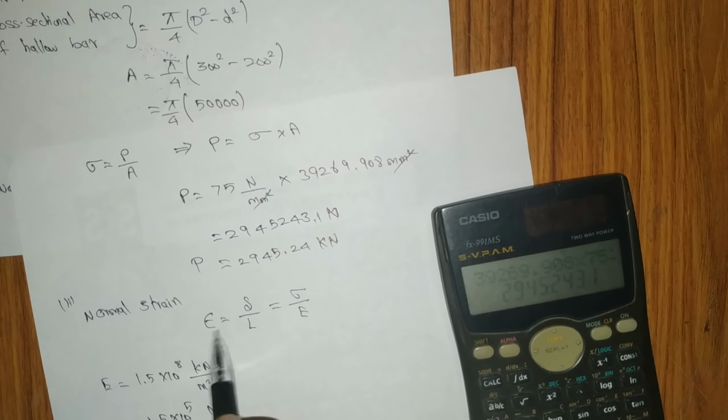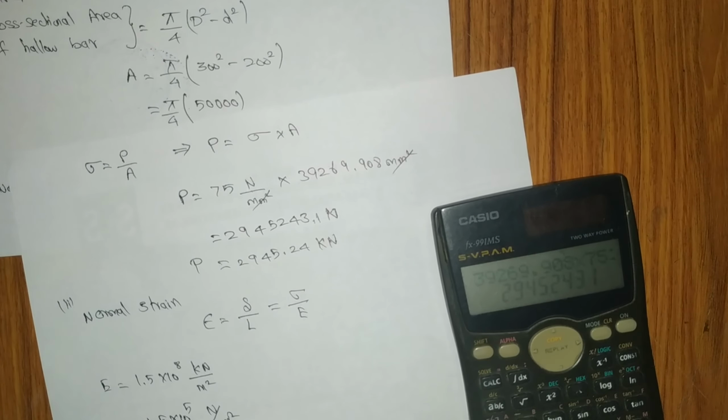From this equation we have this value, and we have to find the change in length. The change in length will be strain into L. Before that we have to find the strain.